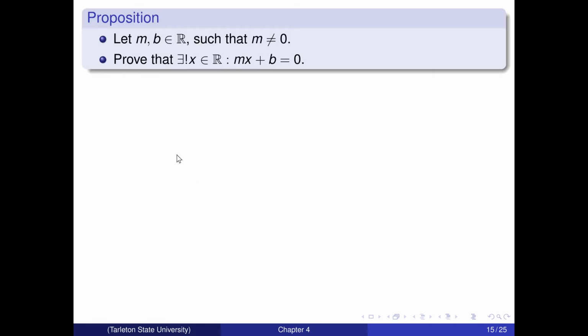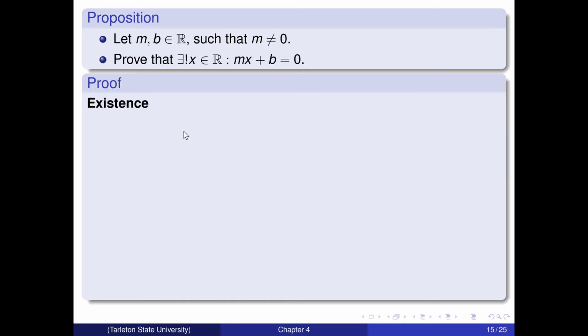All right, what's our proof template going to look like? Whenever you're trying to prove the existence of a unique object, there are generally 2 steps. The first step is to show existence. We already know how to show existence. The way we prove an existential quantifier is we simply define an object that satisfies this property. You can do some scratch work and very easily show that the choice of x that works is x equal to negative b over m. So we simply define this specific choice for x, and then show that it satisfies this condition.